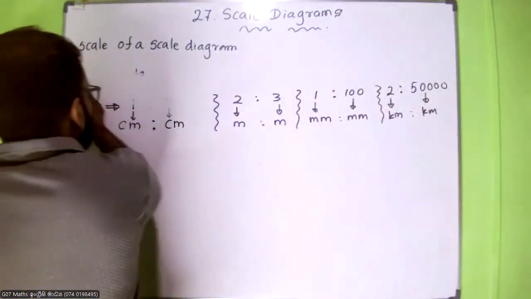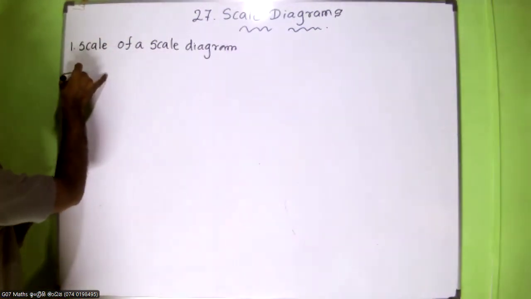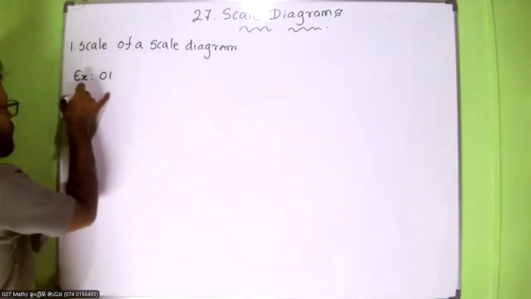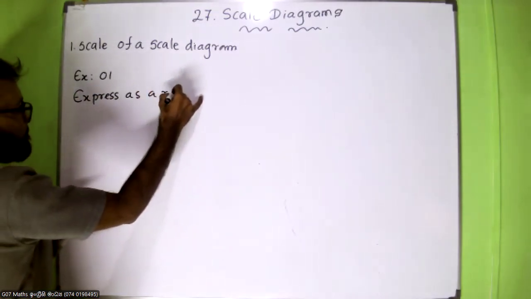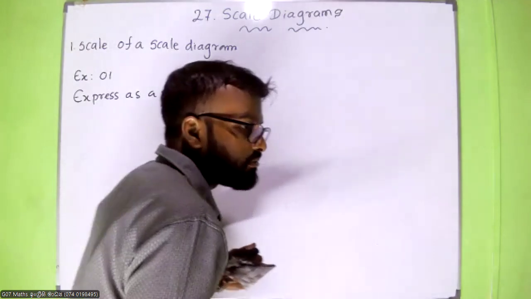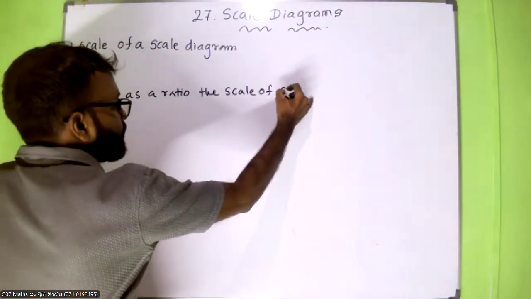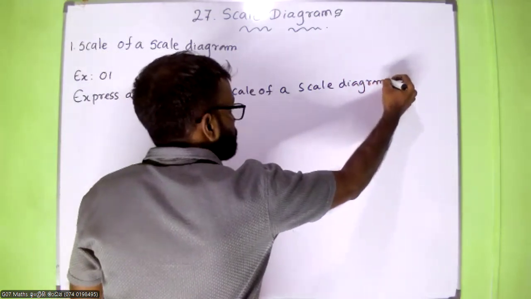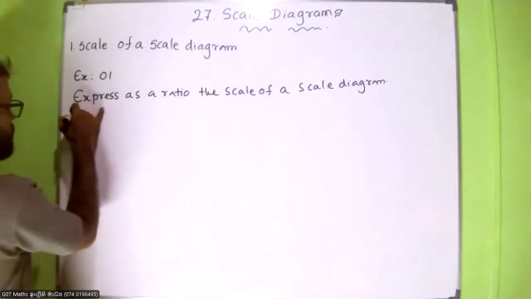Example number 1: Express as a ratio the scale of a scale diagram when 100 centimeters is represented by 1 centimeter.